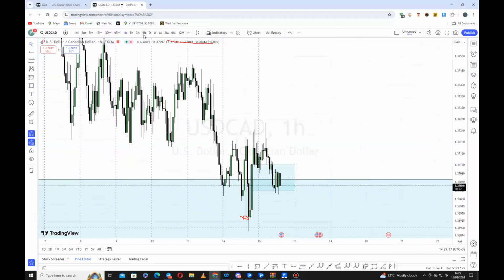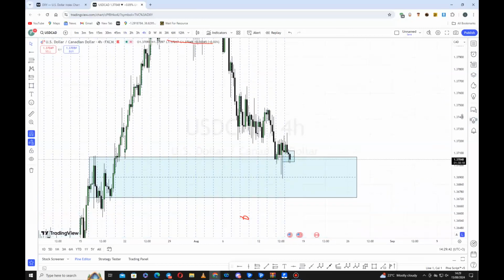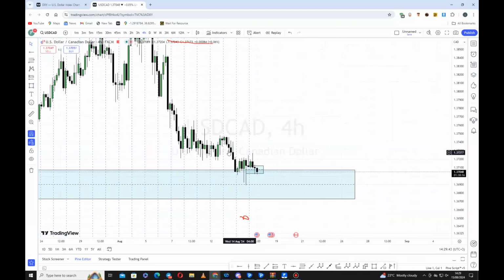Because if we look on the 4 hour, why I'm thinking this could be a good target is most probably because we have sold a lot the last 3 days, especially starting with the consolidation of Monday. So if you look on Monday, the open of Monday, we've really sold.